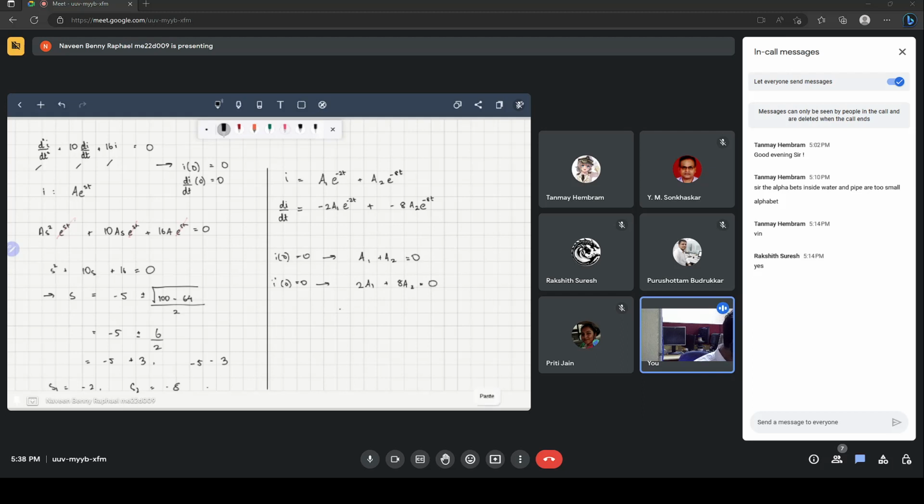The solution to this is trivially A1 is equal to A2 is equal to 0.